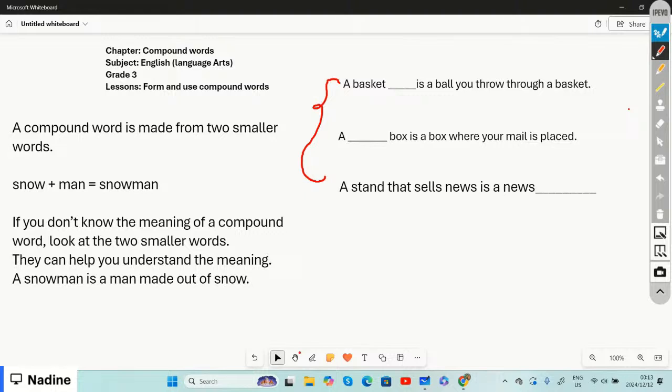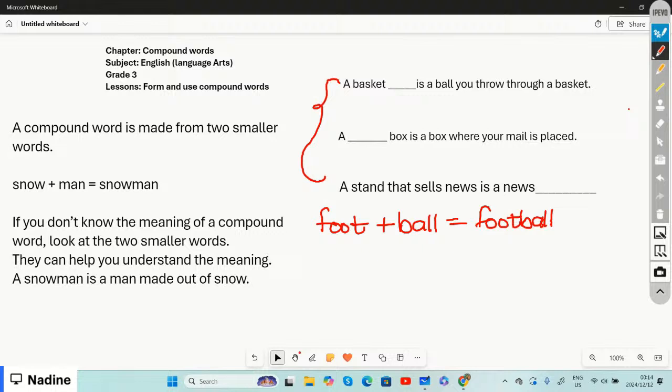You add the two smaller words until you get the big word or the new word. If we were to create compound words, then foot, there we already have one. Foot and ball equals football. So foot plus ball equals football.